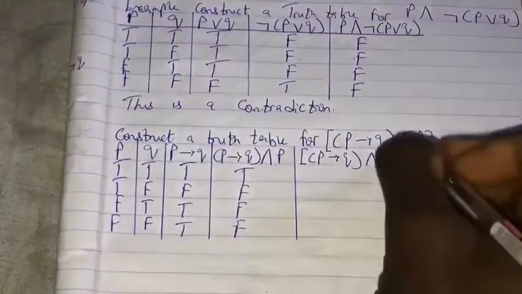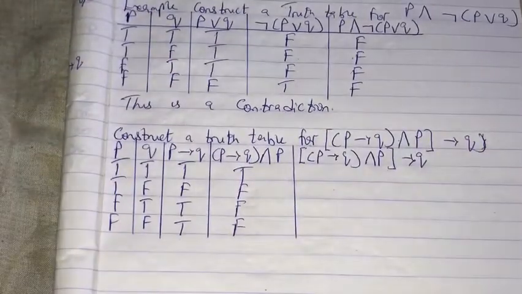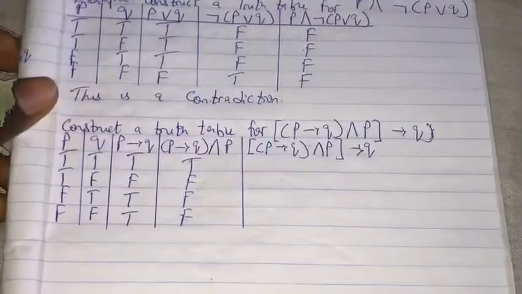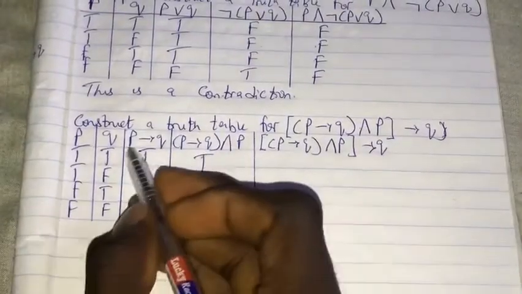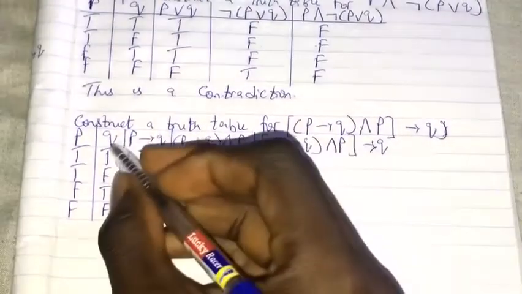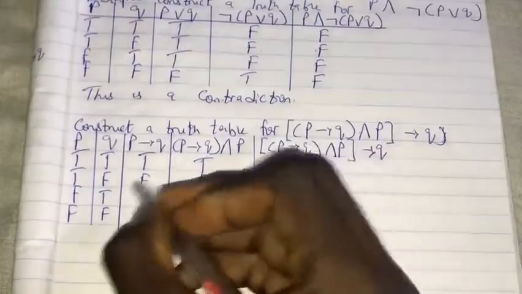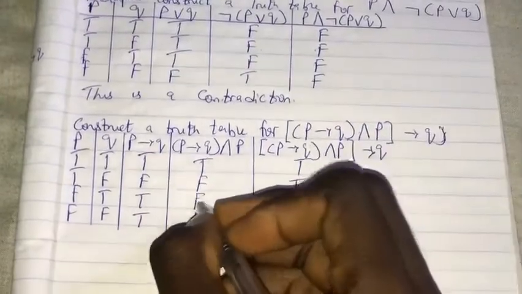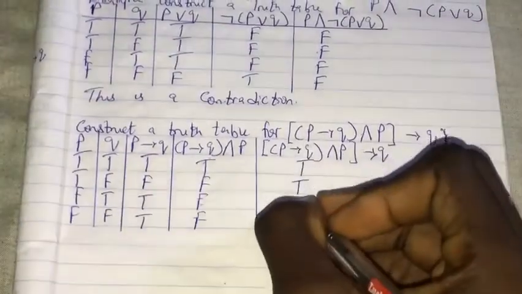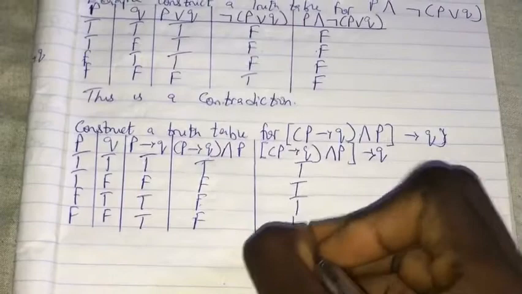So the final one, as you can see, is very simple. We have true, false, false. True, false, true. True, false, false. Then we have true.